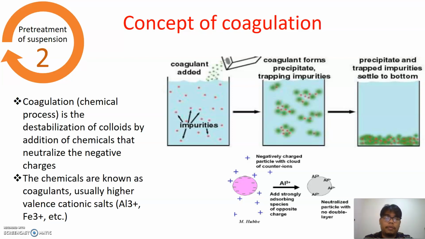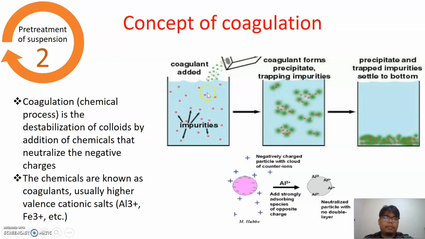We have negative charge in our solution. Now we will introduce a chemical that contains positive charge, and then it will neutralize. The chemical is known as a coagulant, usually cationic. So what is cationic? Cationic is a chemical that contains the positive charge.